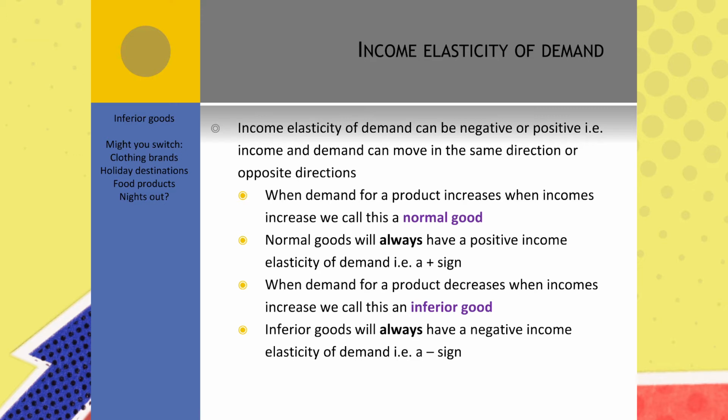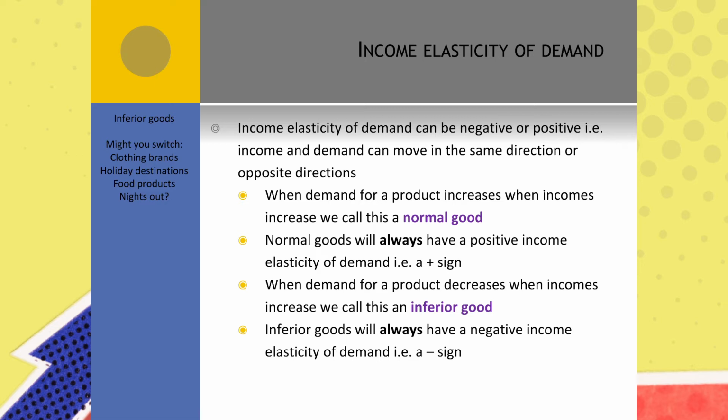Then the opposite is true. When demand for a product decreases when income increases, we call this an inferior good. Inferior goods will always have a negative income elasticity, so a negative sign. For example, we earn more money, we no longer need to buy budget water or just normal water.